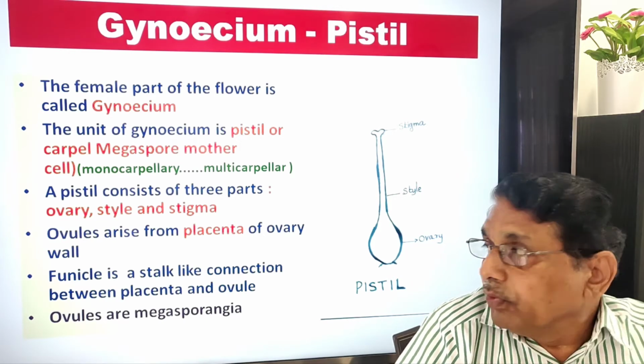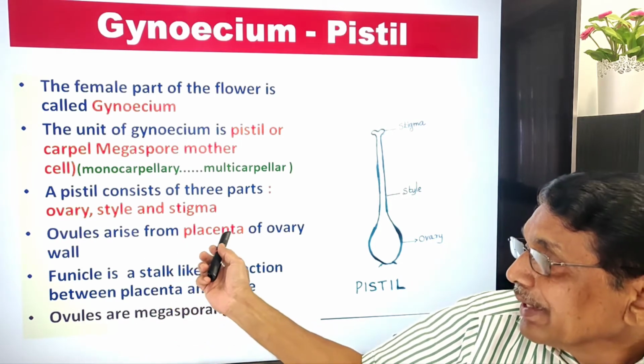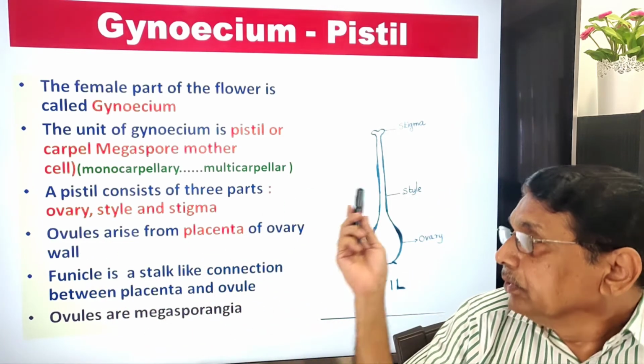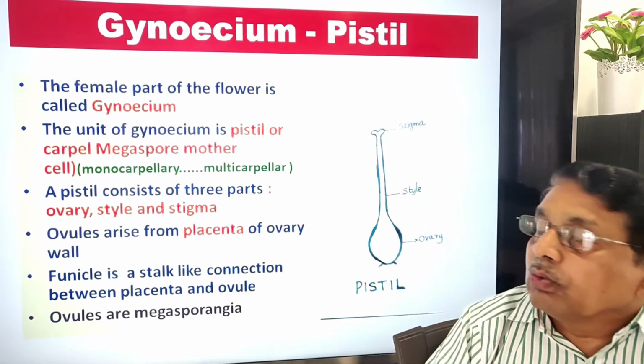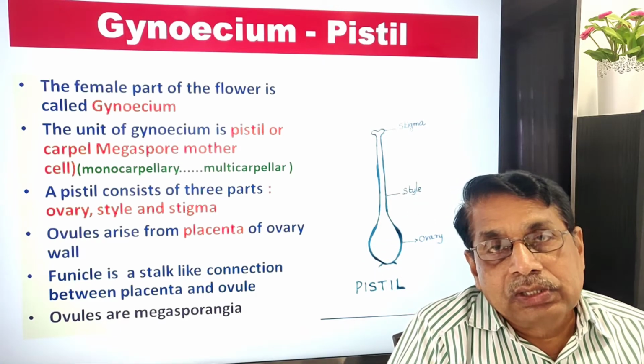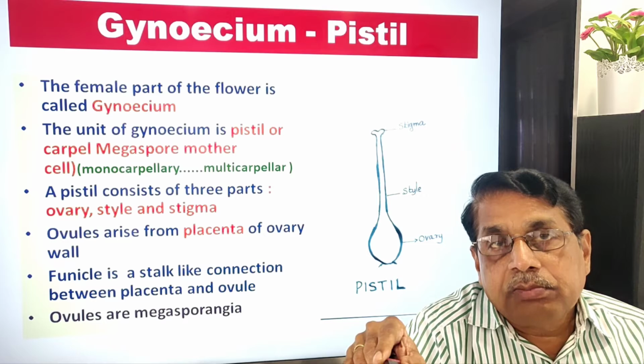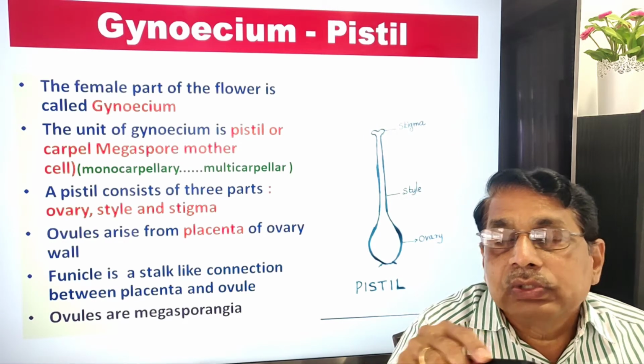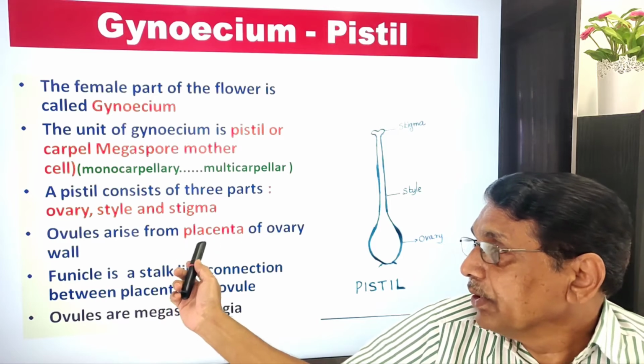Inside the ovary, ovules. Ovules arise from the placenta of the ovary wall. This is ovary. Inside this, ovules are present. The organic connection between the ovary wall and the ovule is known as placenta.